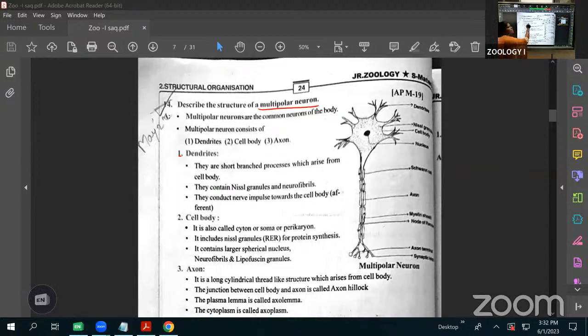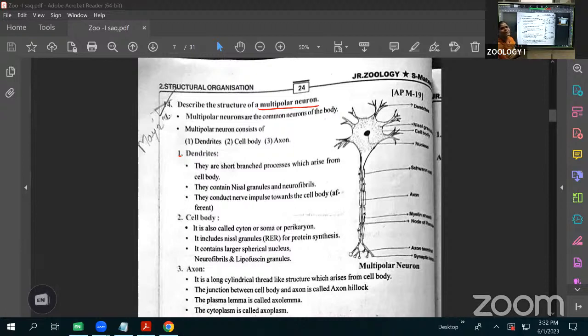Here, this one is called multipolar. The cyton, which means the cell body, has a number of branches: short branches and also long branches. That's why this is called a multipolar neuron. These multipolar neurons are mainly present in the central nervous system, meaning the brain and the spinal cord.